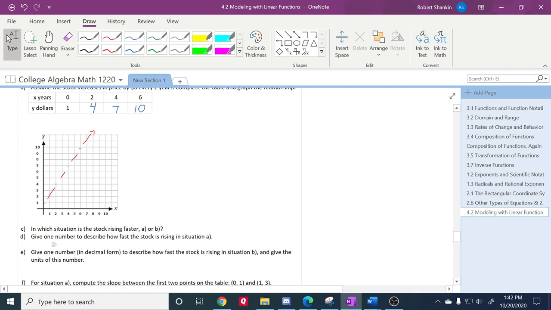And then it asks you in D to give one number to describe how fast the stock is rising in situation A, and then give one number in decimal form to describe how fast the stock is rising in situation B, and give the units of this number. Alright, so I'm going to ask you to do these C, D, and E individually right now. So I'll give you a little bit of time for that.